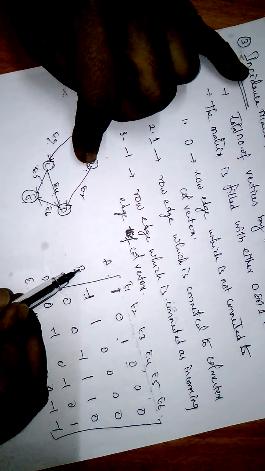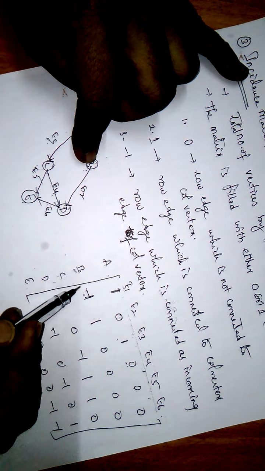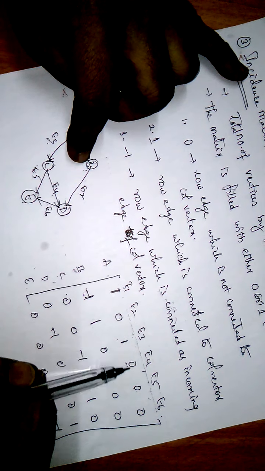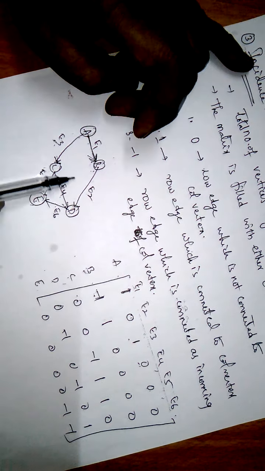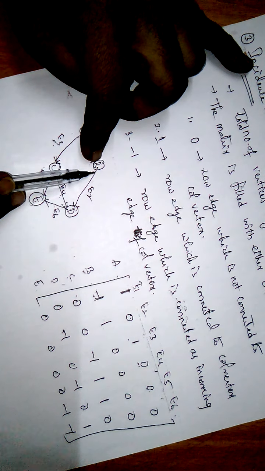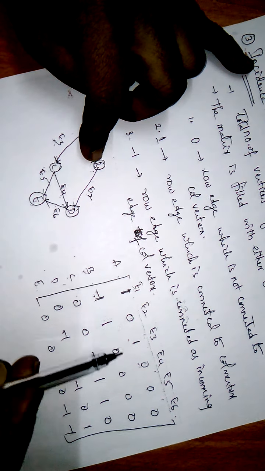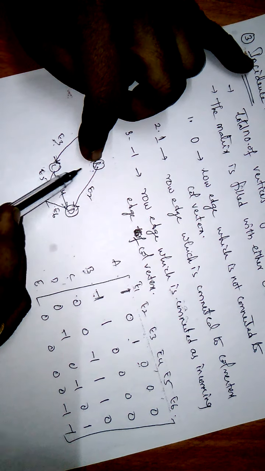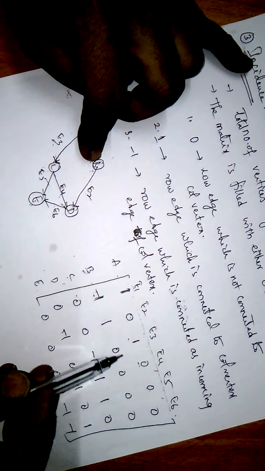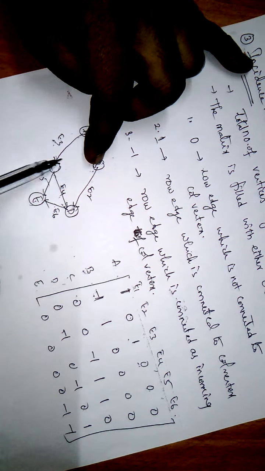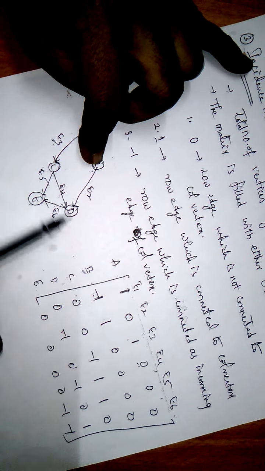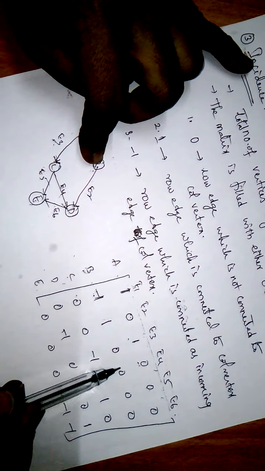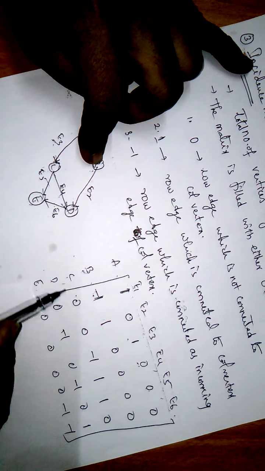Next E3. There is no E3 edge connecting to B, so 0. Next E4. There is no E4 edge connecting to B, so 0. E5, E6, likewise 0.